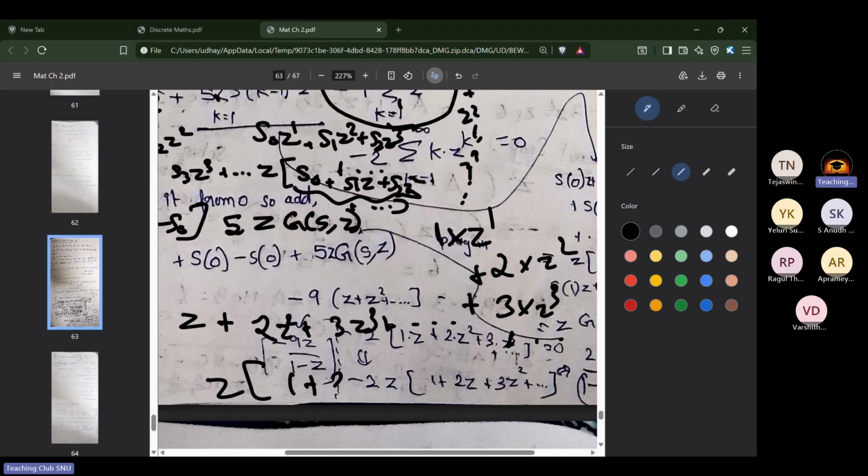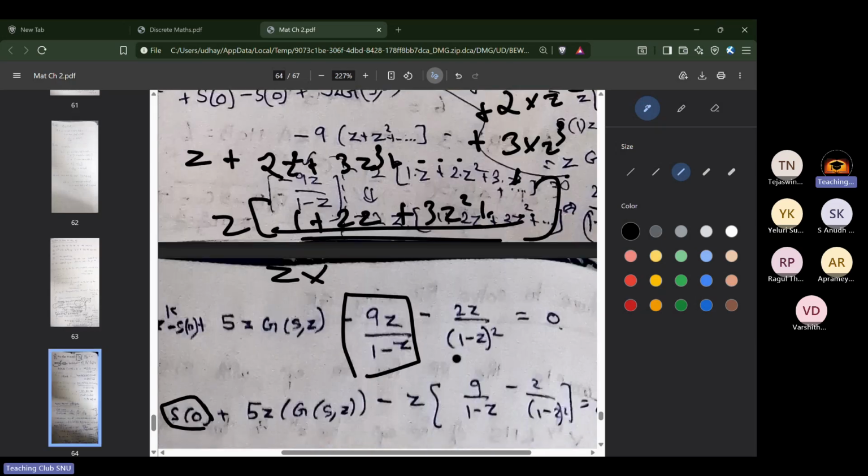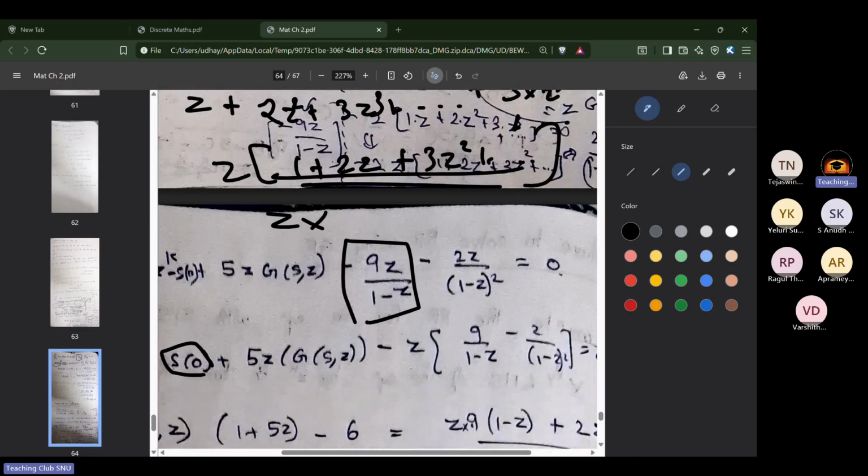What will it give you? 1 plus 2z plus 3z square and goes on. So this will be z into, this is a nice AGP, 1 by 1 minus z the whole square. So it became 2 was the quotient, z was there, and 1 by 1 minus z the whole square came. Easily. Beautiful.